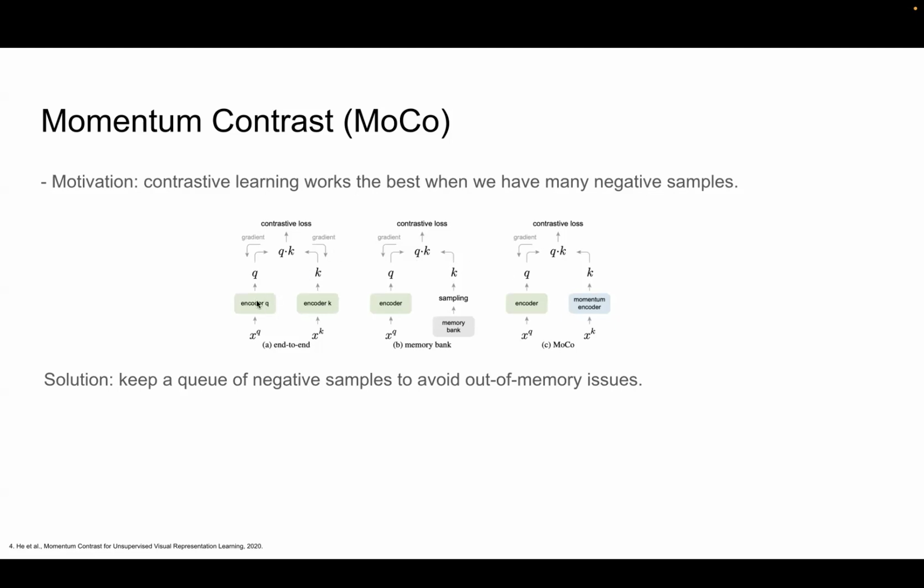The method that we showed on the last slide is the end-to-end method on the left, where you have an encoder for your query image, or your anchor image from the previous slide, and also an encoder for a key, which is either a positive image or a negative image. The vanilla implementation is to backpropagate the gradient into both the encoder for the query as well as the encoder for the key.